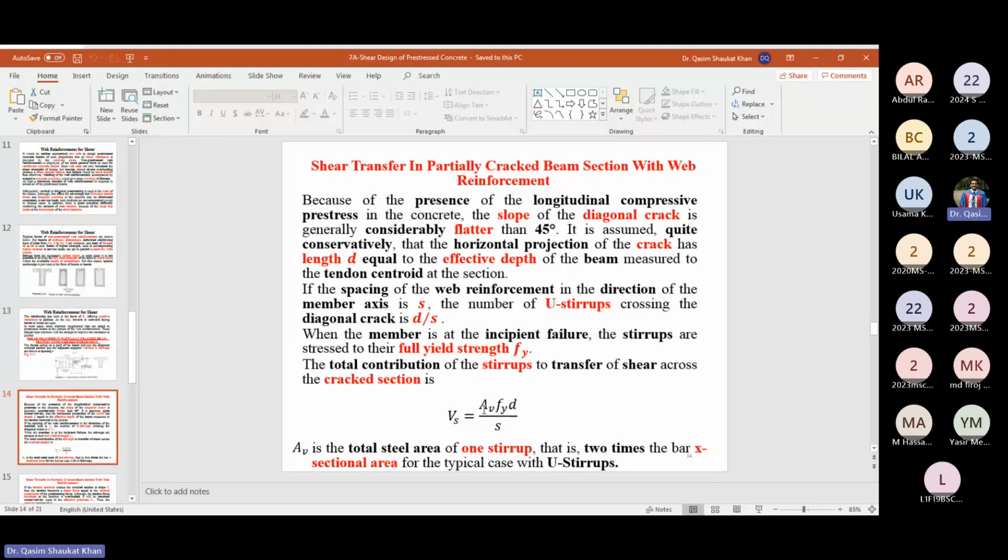So stress into area will give you the force. And d over s is the number of stirrups crossing the crack. So Vs is Av into fy into d over s. Everyone agrees with this formula, because you have used this formula multiple times in your shear design in your undergraduate and reinforced concrete design as well.